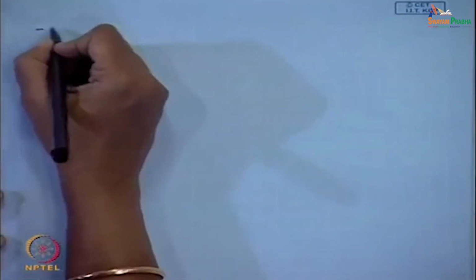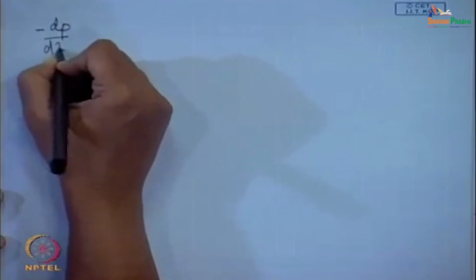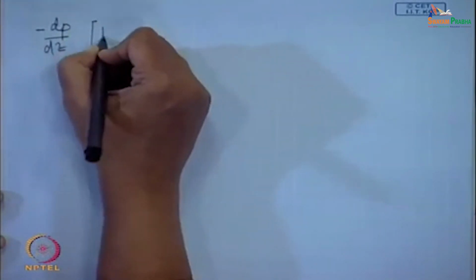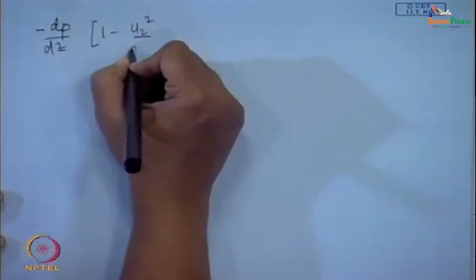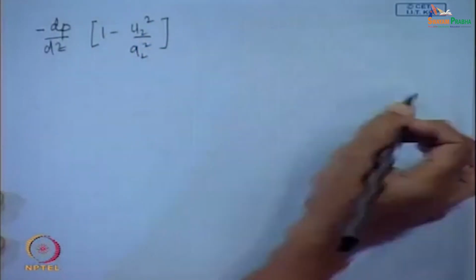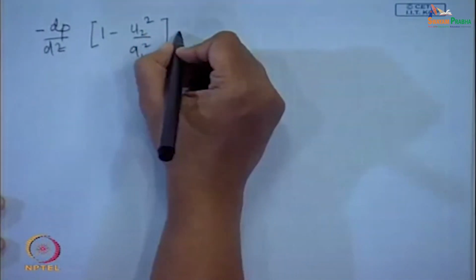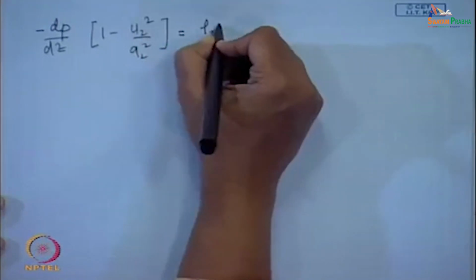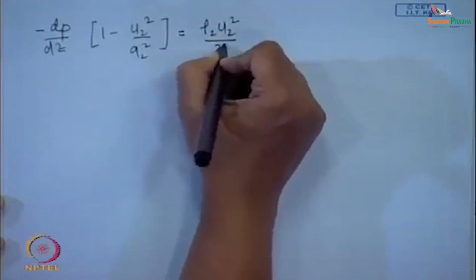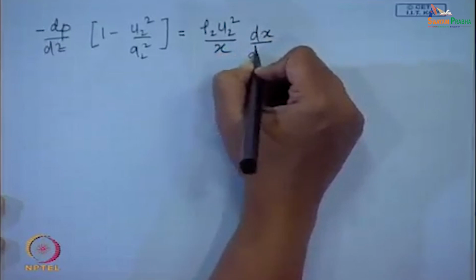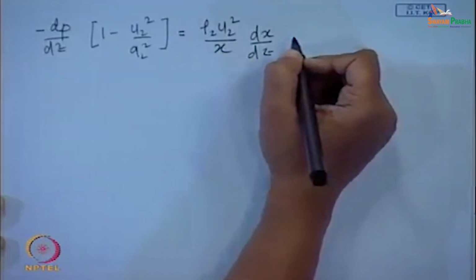If you remember that equation, it was minus dp/dz times (1 minus u2 square by a2 square). This will be equal to rho 2 u2 square by x dx/dz.